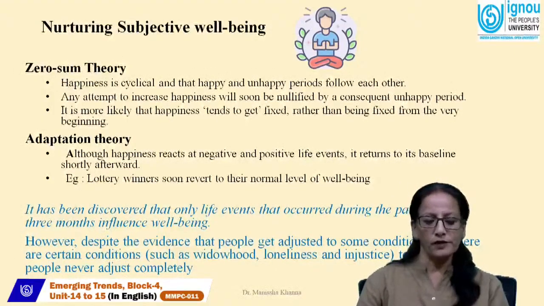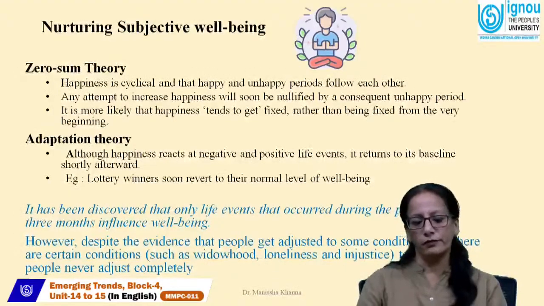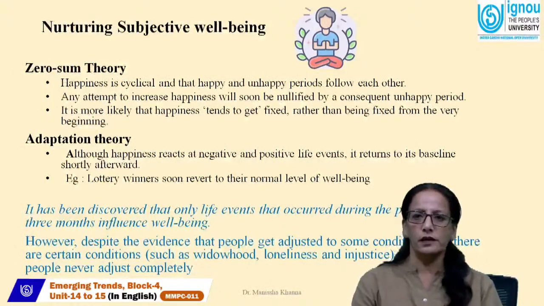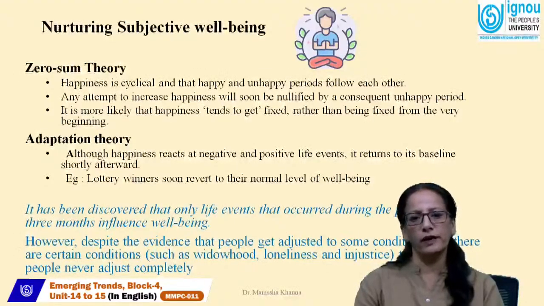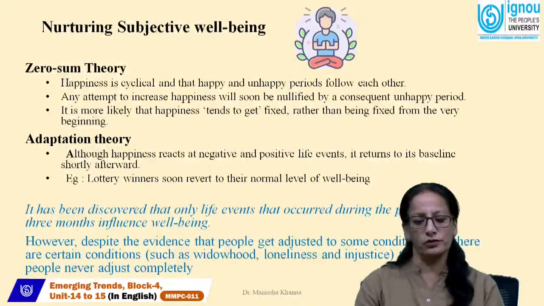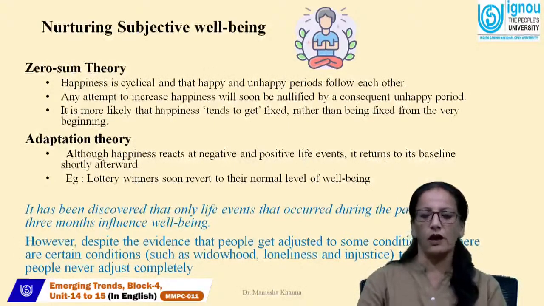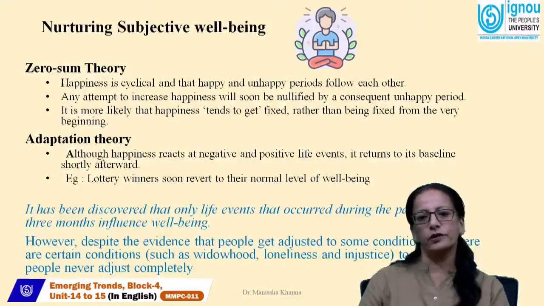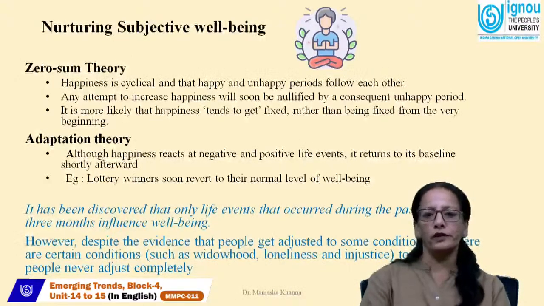So it has been discovered that only life events that occur during the past 2 or 3 months influence well-being. So well-being is largely influenced by the last 2 or 3 months. However, despite the evidence that people adjust to some conditions, there are certain conditions such as widowhood, loneliness or injustice, to which people never adjust completely.